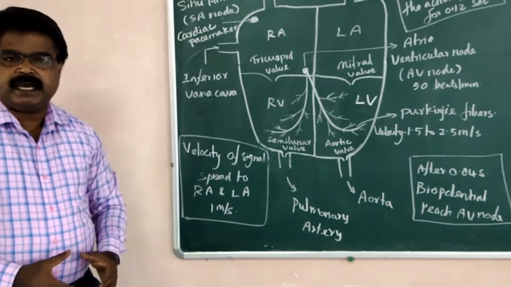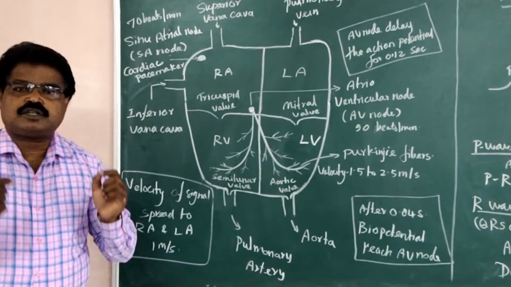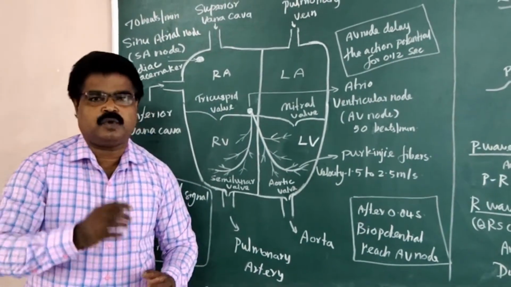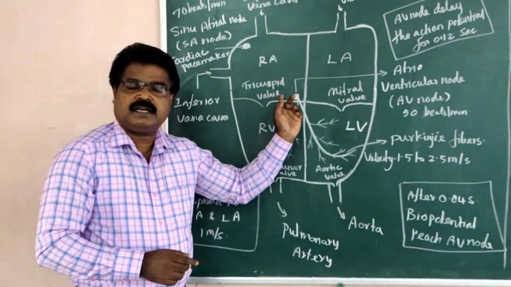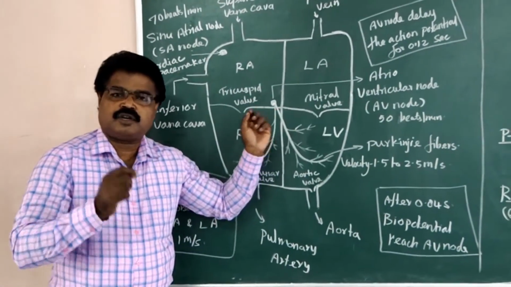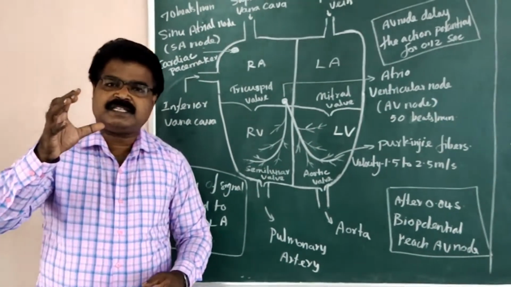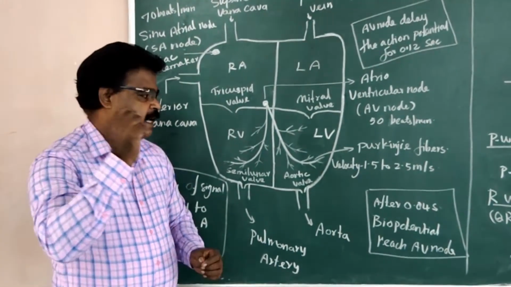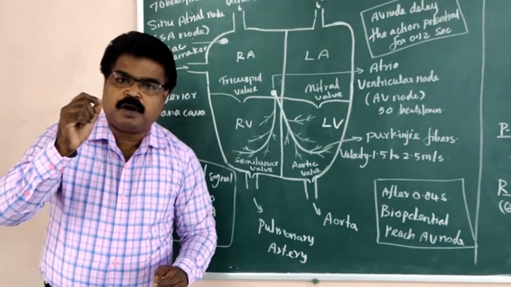Within 0.04 second, through the atrial walls, the signal reaches the AV node, the atrioventricular node. This atrioventricular node consists of specialized fibers that delay the action potential for 0.12 seconds. So the action potential in the AV node will be delayed for 0.12 seconds.